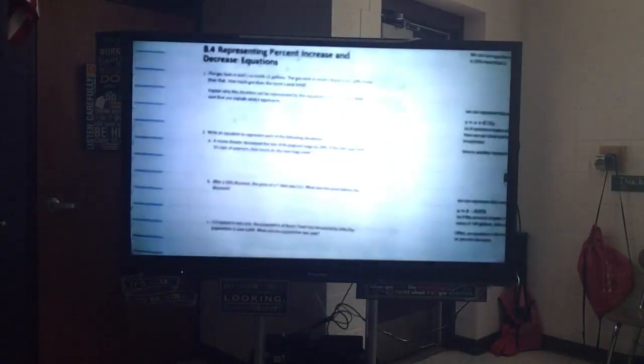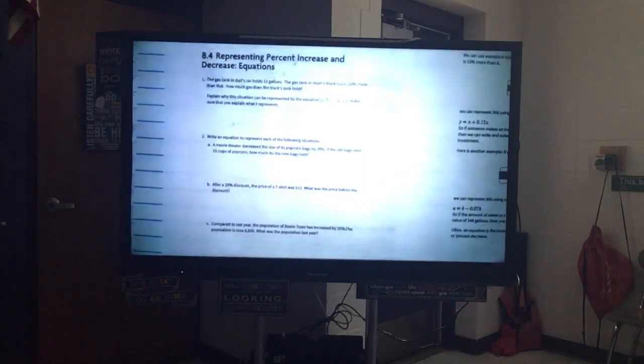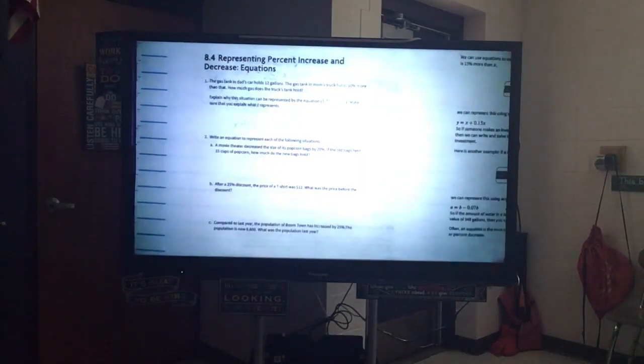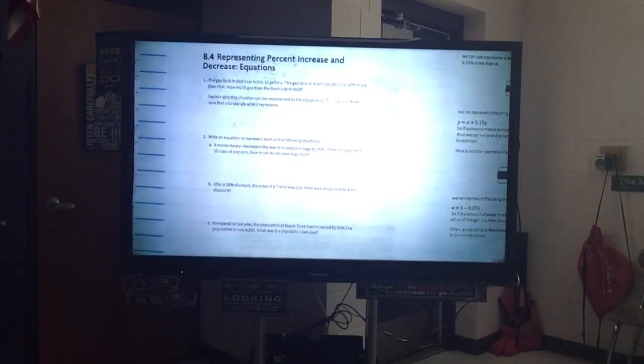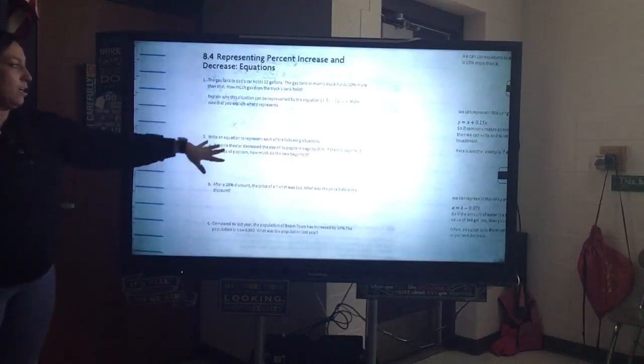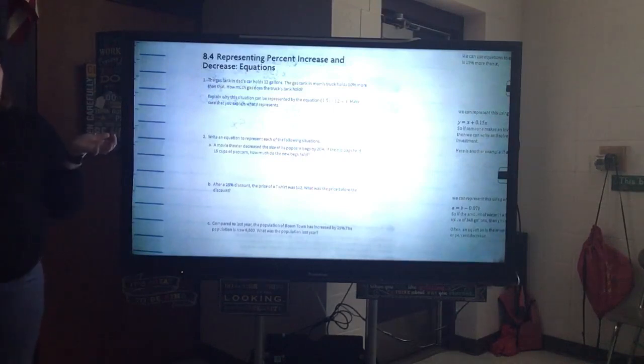Representing percent increase and decrease equations. Remember the take a gas question? That was yesterday, wasn't it? Yes. All right, the take a gas question is coming back. The movie theater popcorn, coming back. The 25% discount on that t-shirt, coming back. And compare last year's population of Boomtown is coming back. You are going to write an equation to represent your situation.